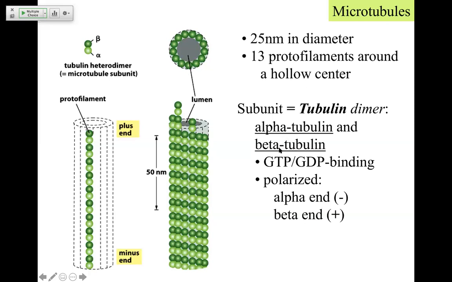Each of those tubulin polypeptides can bind GTP, and they're polarized. The beta tubulin is the plus component. It is at the growing end. So how are the microtubules changing their shape? Again, they are dynamic. They are changing all of the time.